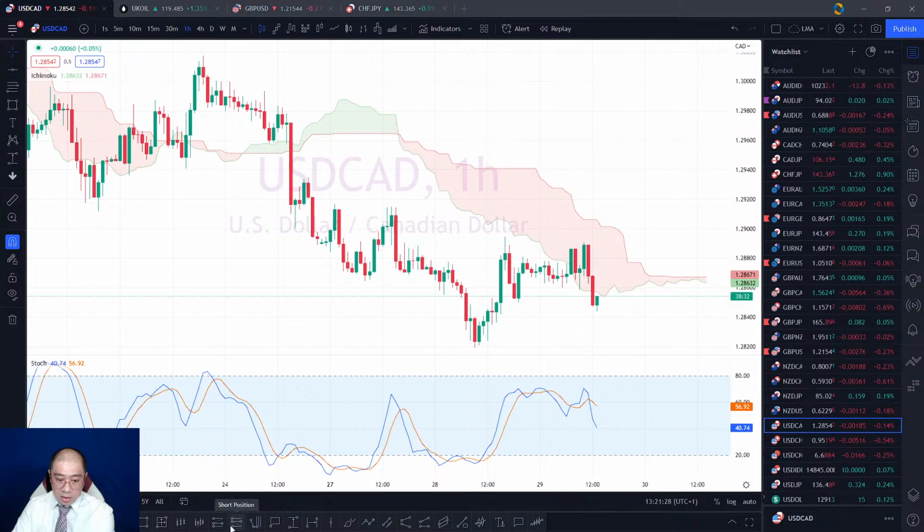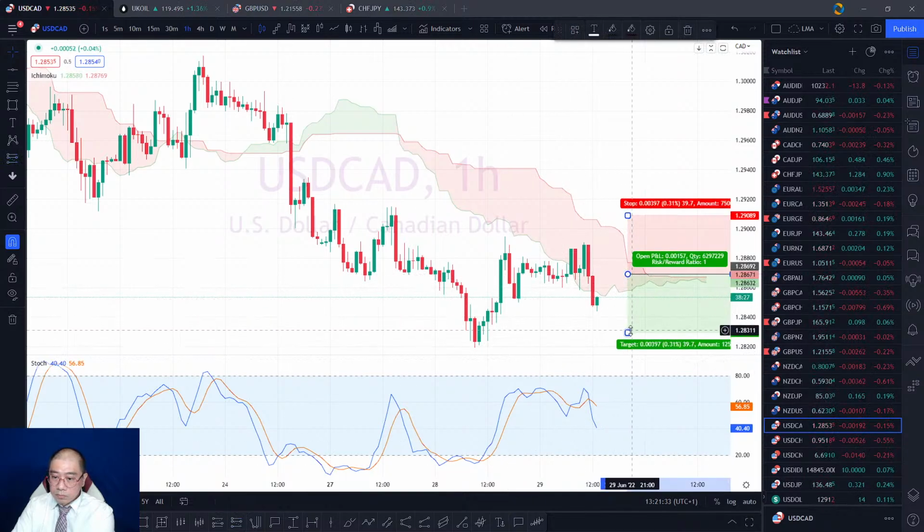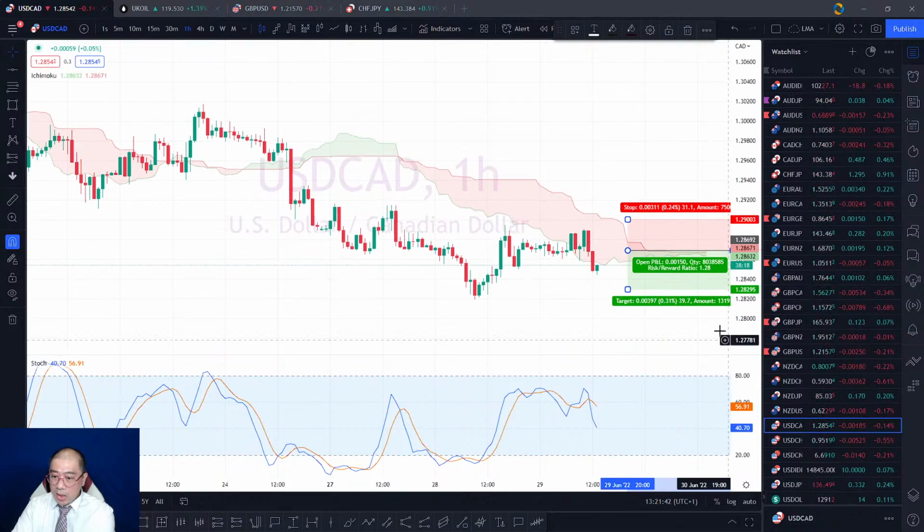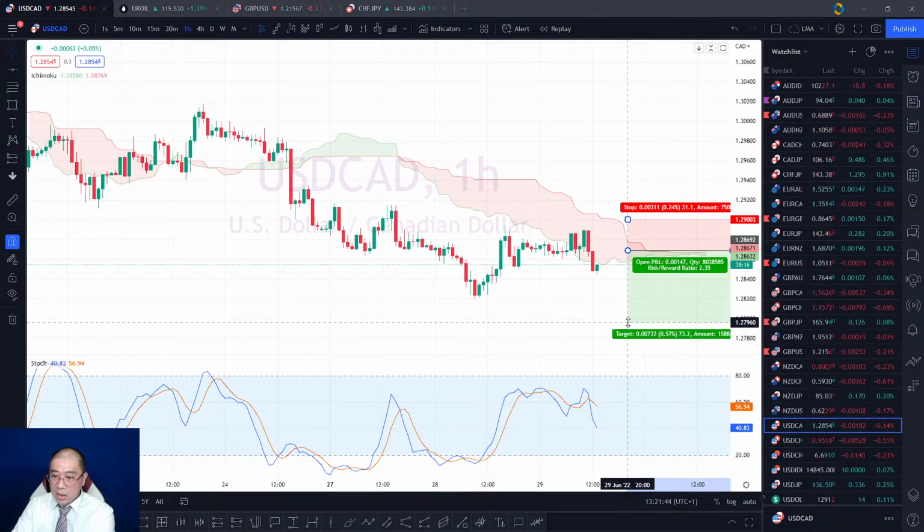Let me just draw that in. Right around there, stop loss is at 1.29. That's beyond the range, should be okay. Targeting 1.28 on dollar Canadian.